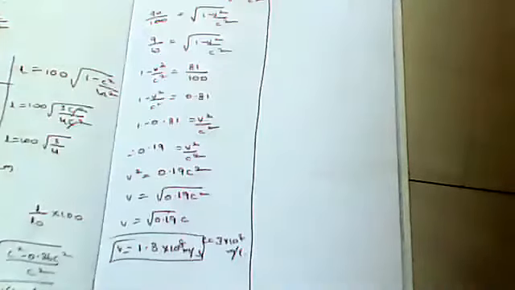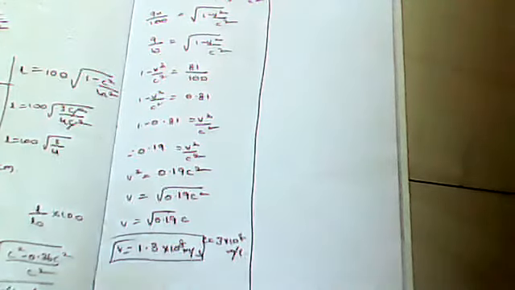So V is equal to 1.3 into 10 power 8 meter per second. Got it? Right. The next one.